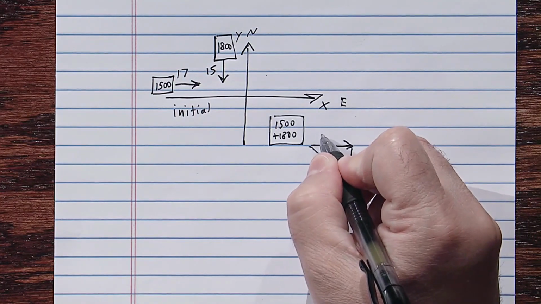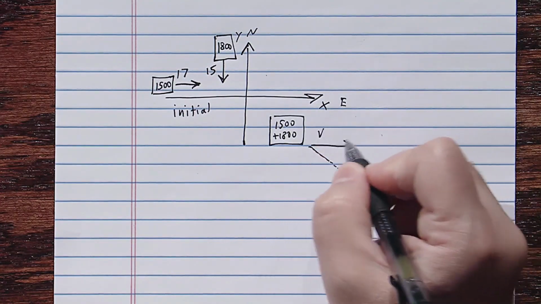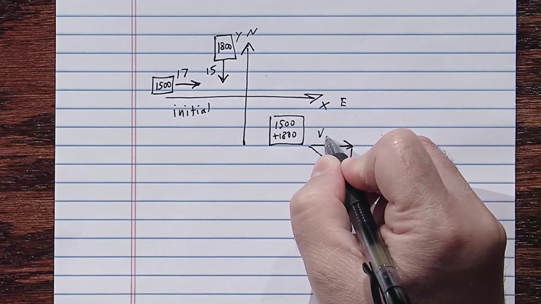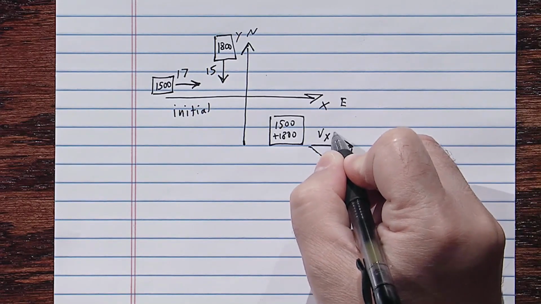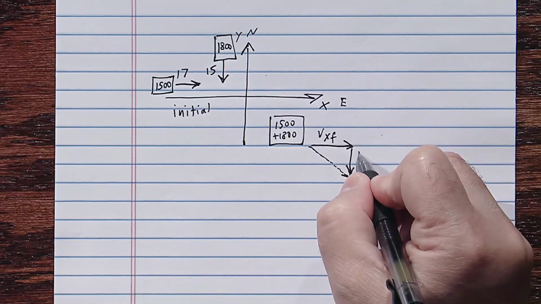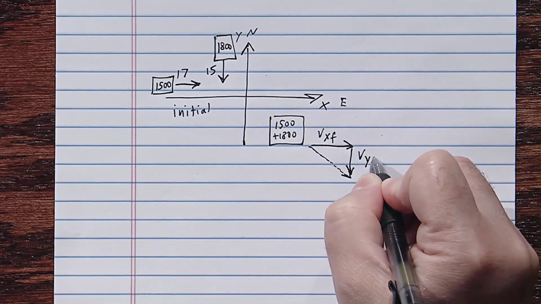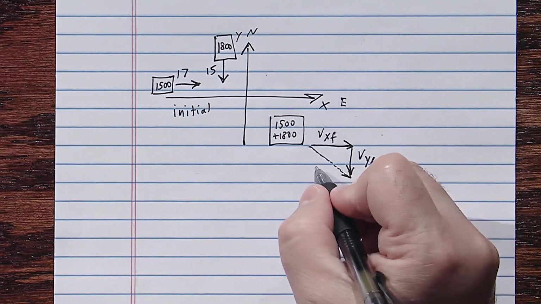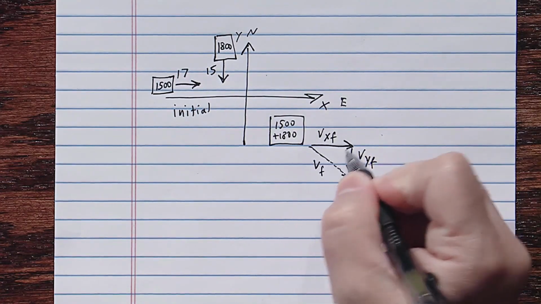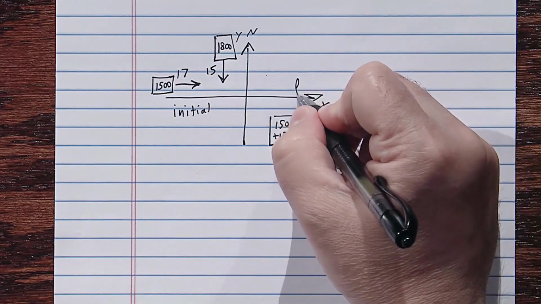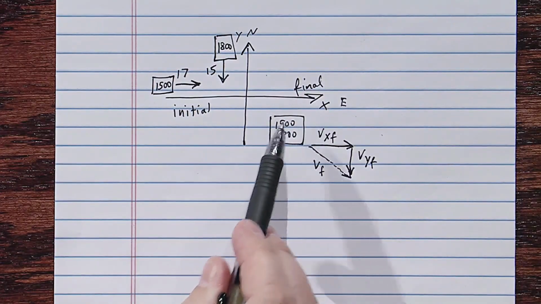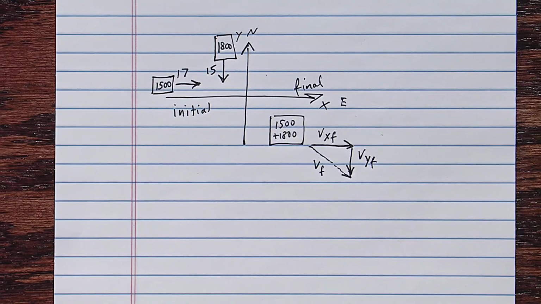So we have V, I'll just call that V X final and V Y final. And then the hypotenuse will be V final. So this is our final situation. This is our initial situation, our final situation.